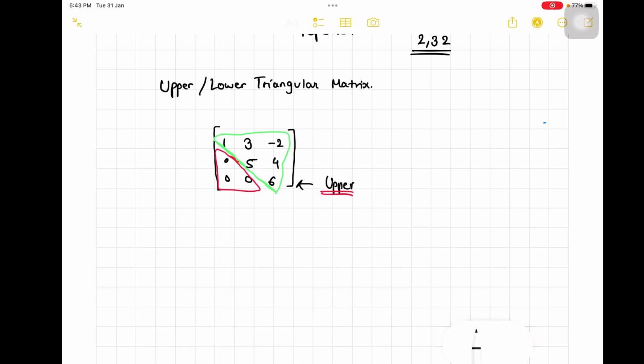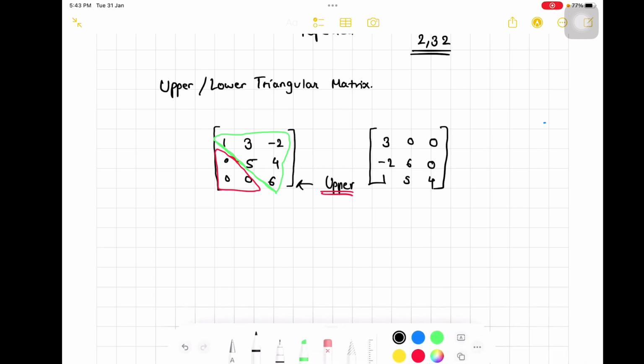So now let's take up an example of a lower triangular matrix. So let us take 3, minus 2, 1, 6, 5, 4.